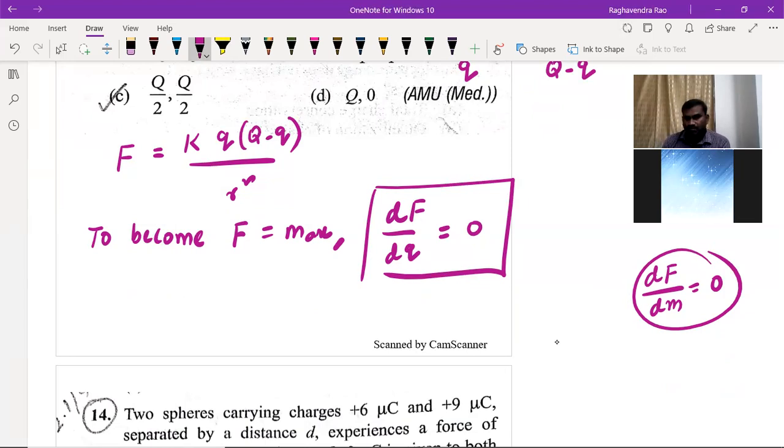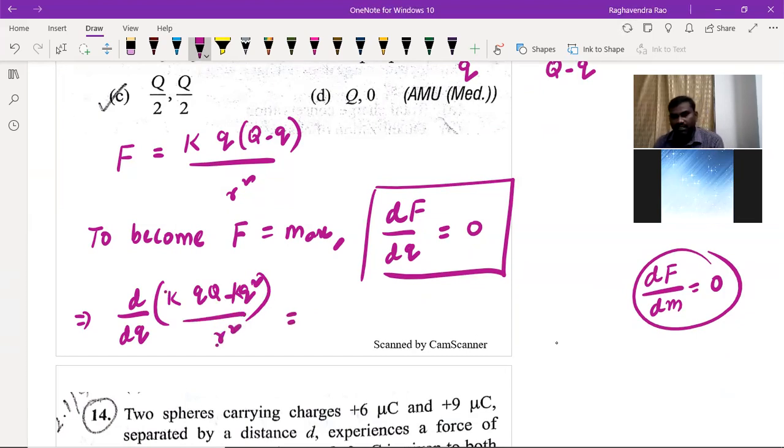Now we can differentiate this force. We can write d by dq of k into (Qq minus q square) by r square, which is equal to 0. The constants k and r square can be removed.